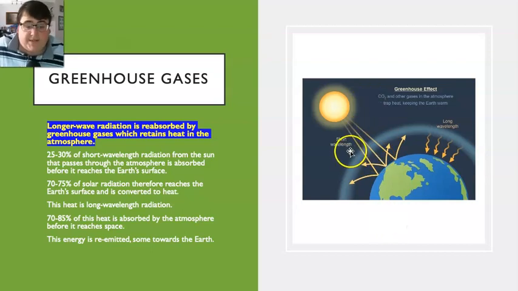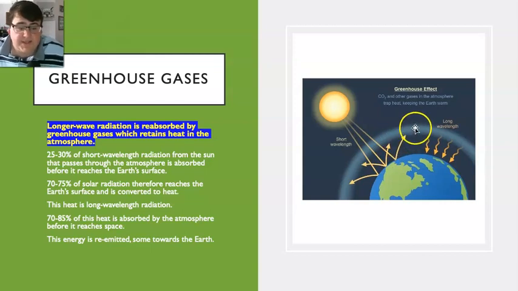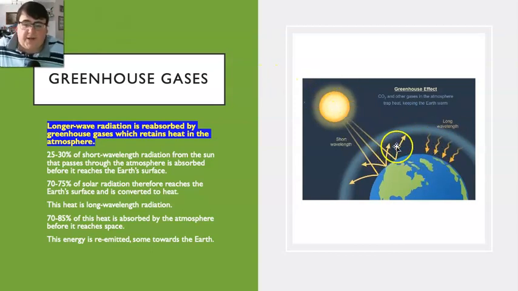When that heat is re-emitted from the Earth, it goes back up towards the atmosphere. Now, 70 to 85% of this heat will be absorbed by the atmosphere before it actually reaches space and will be re-emitted again back towards the Earth, as we can see through these long wavelengths here. So, light comes in, trapped by the greenhouse gases, reflected off the Earth, comes back as heat down towards the Earth.